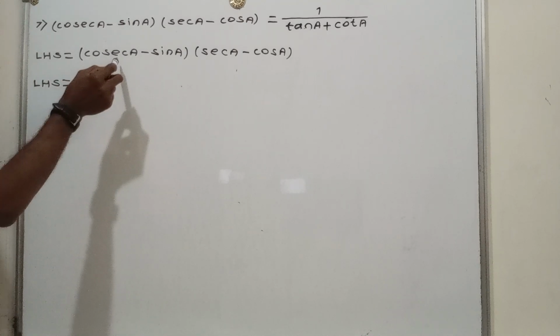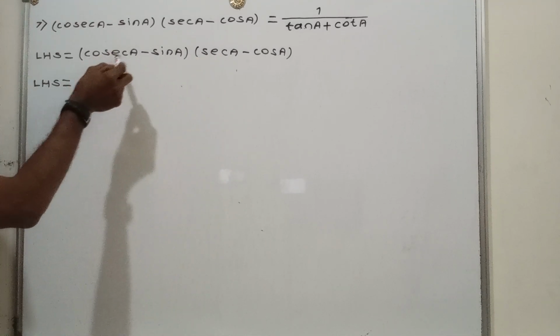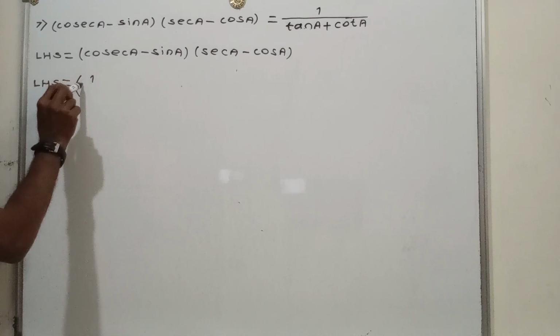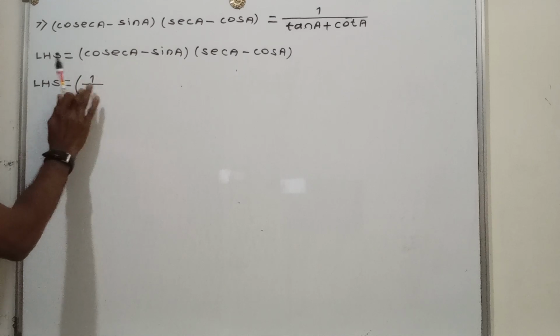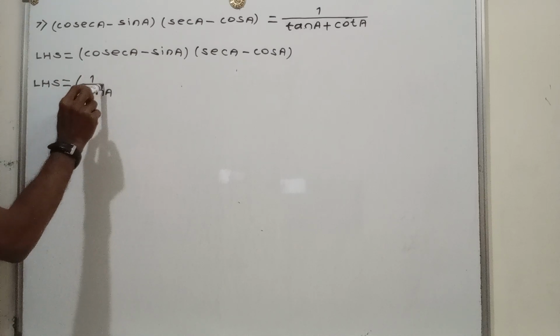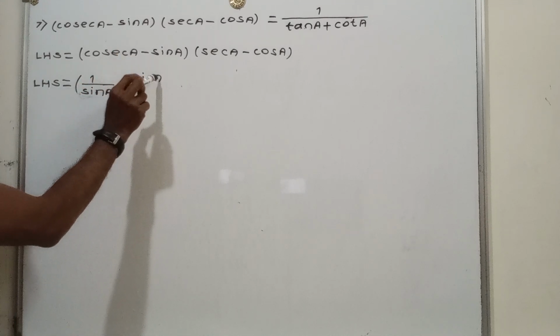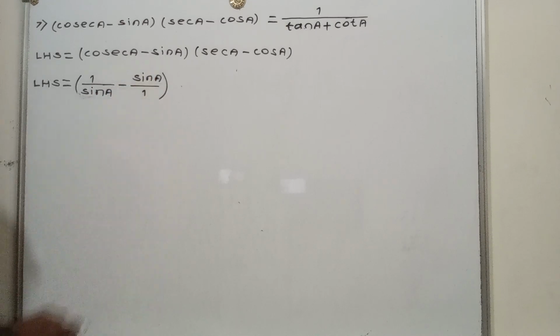LHS equal to this, cosec A and sec A we convert into sin and cos. Therefore, 1 upon sin A minus sin A upon 1.